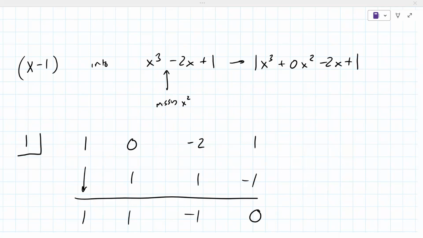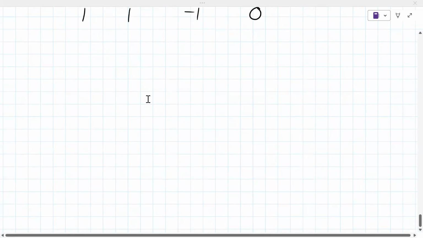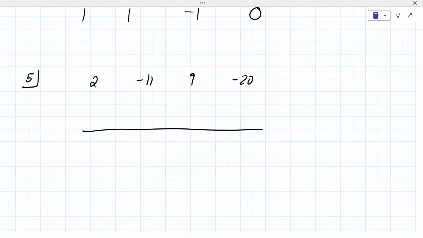All right, so let's try one last one here. Put 5 in the box. I don't know if this works or not, so just go with it as far as you can. Yeah.